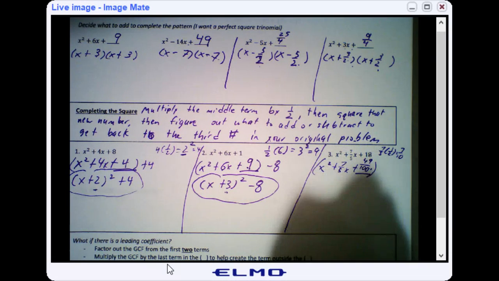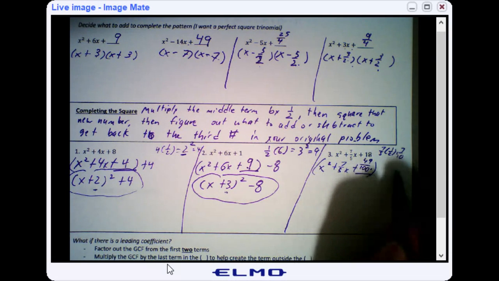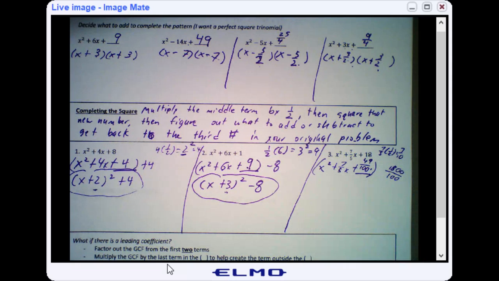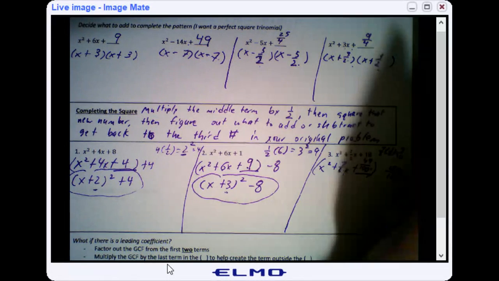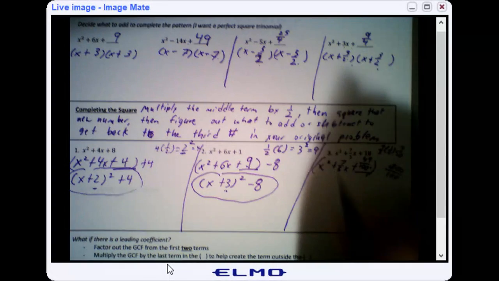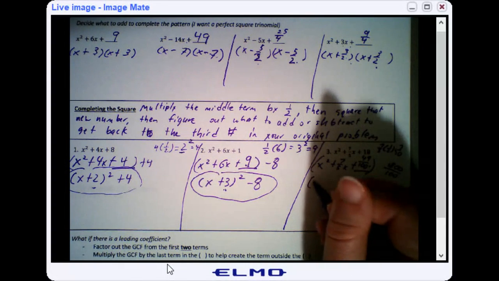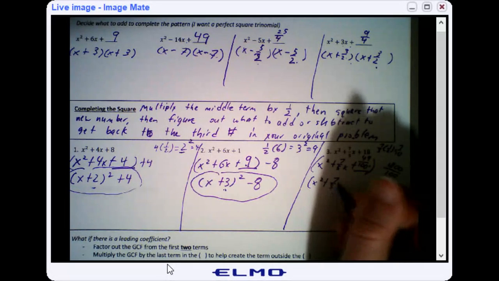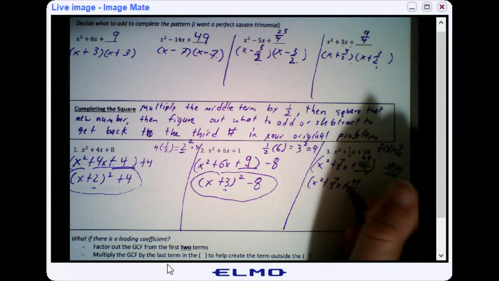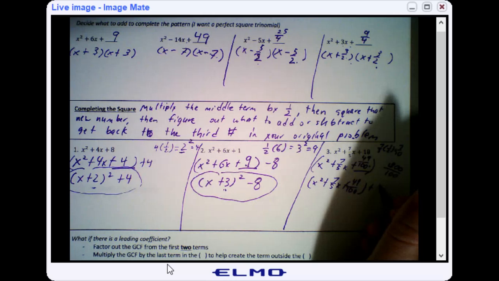If I convert 18 to 100ths, that's going to give me 1800 over 100. So I'm at 49 hundredths. I need to be at 1800. So I'm going to add, let me rewrite that down here so I wasn't wrong, 1,751 hundredths.